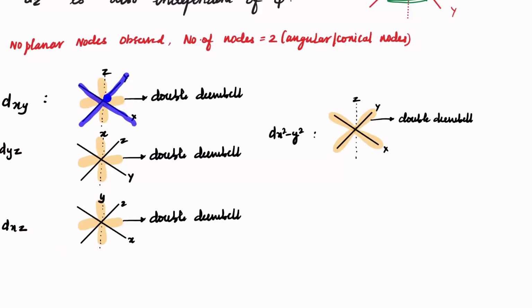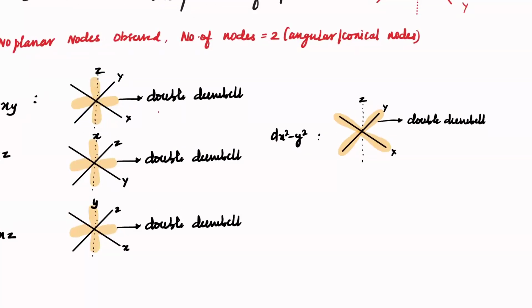And if you take this as the z-axis going up, this entire thing is a plane on which you will not find any electron. Correct. So what are the planes where you will not find any electron? Here are two planes, YZ and XZ planes. Okay, these are the nodal planes.